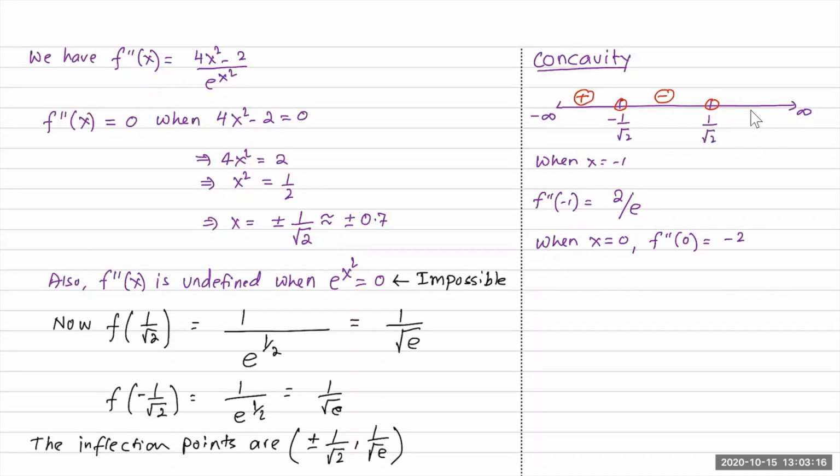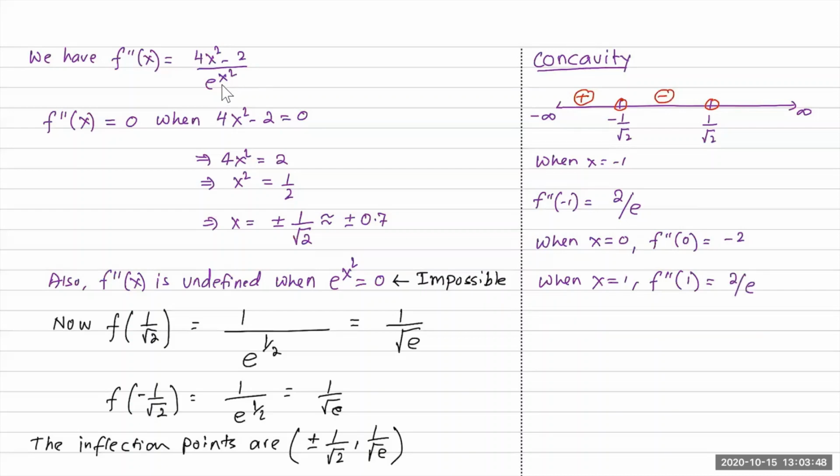Now let's check the interval from 1 over square root of 2, that's from 0.7 up to infinity. I can select 1 as the test value. When x equals 1, 1 squared is 1, 4 times 1 is 4, 4 minus 2 is 2, divided by e to the 1, which is e.